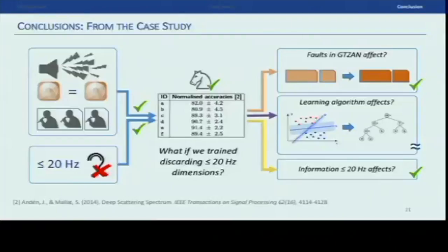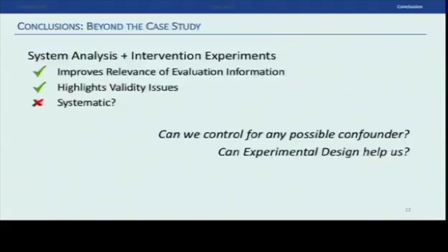I suspect that no one in our field would have suspected that the systems were using that if we only relied on the numbers. So what I claim is that by using system analysis and generation experiments, not only trusting the numbers, we can get relevant information from our evaluation.